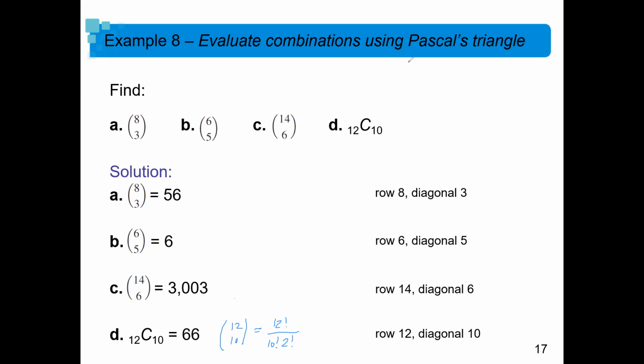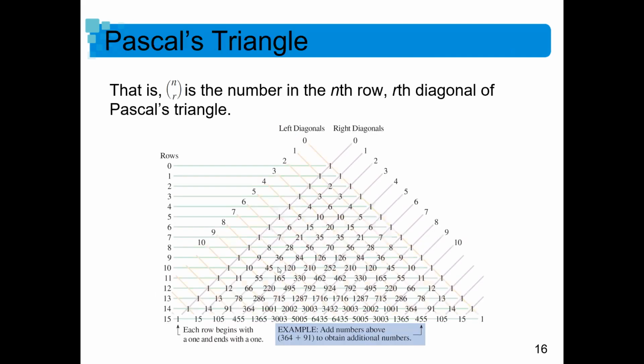But again, this emphasizes that we use the Pascal's triangle. We can use the Pascal's triangle as well to look at the 12th row and the 10th diagonal and where they intersect. So if we check that, the 12th row and the 10th diagonal, we can choose the left diagonal.